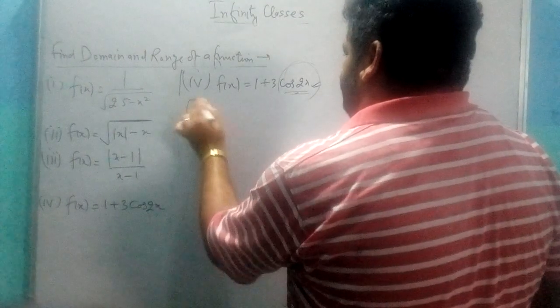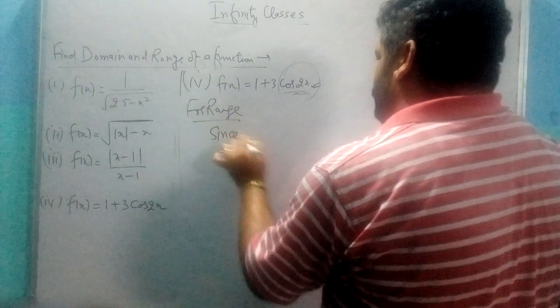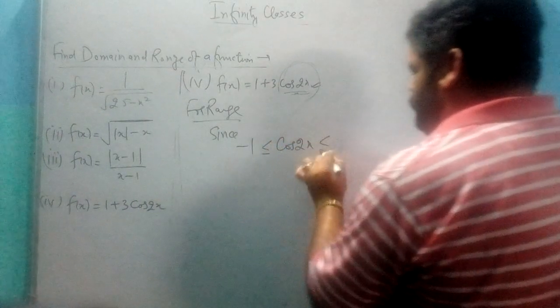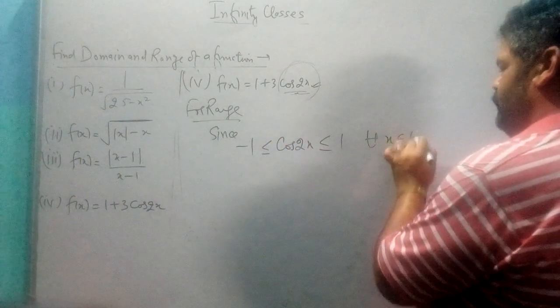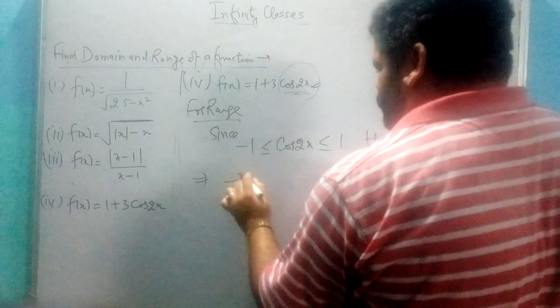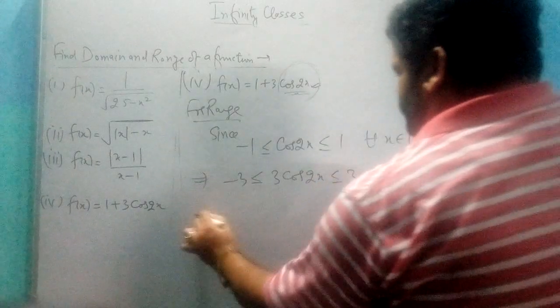For range, since we know that the value of cos 2x is always lying between minus 1 to plus 1 for all x belongs to set of reals, implies multiply by 3 both sides. 3 cos 2x lies between minus 3 and 3.